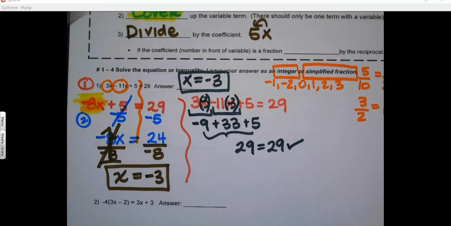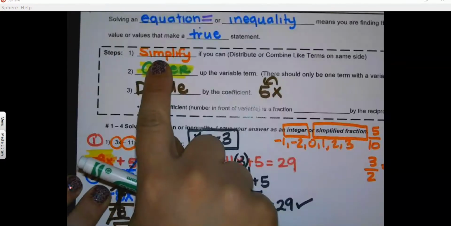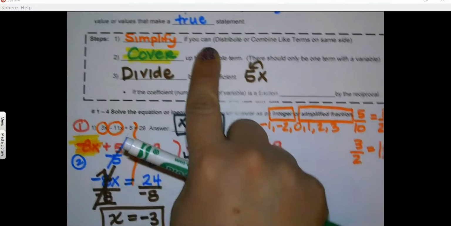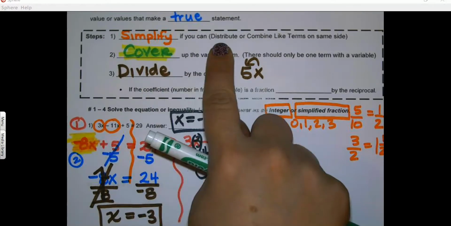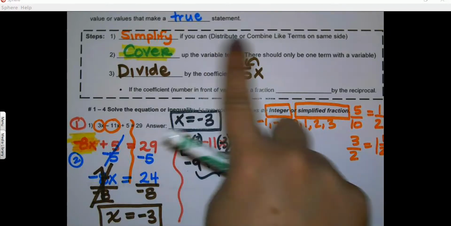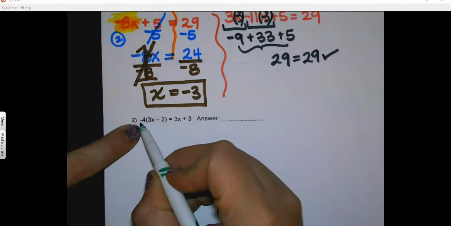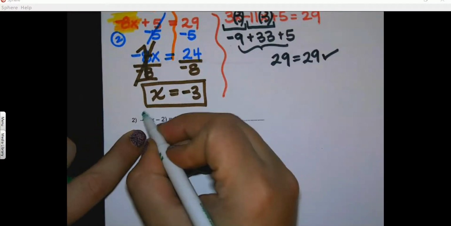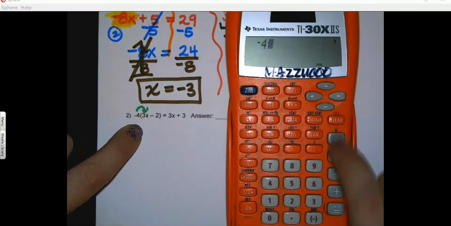Okay, so let's go ahead and take a look at example 2. So our first step is to simplify if we can. So again, we learned in lesson 1, simplifying in algebra means, can we distribute or can we combine like terms? So if we look at this problem here, we have parentheses, and in front of the parenthesis there is a number, so we're going to multiply the -4 times 3.